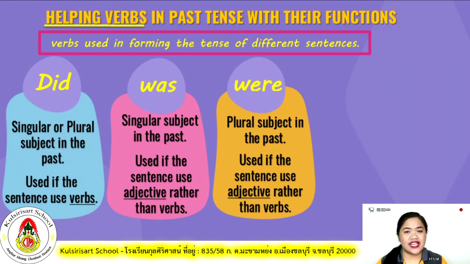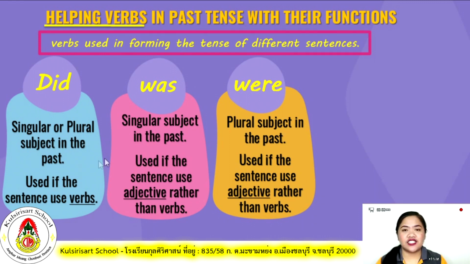There are some sentences in the past that don't use actual verbs. They just use linking verbs, helping verbs, auxiliary verbs, or be verbs. Did is only used if they use action words or verbs.